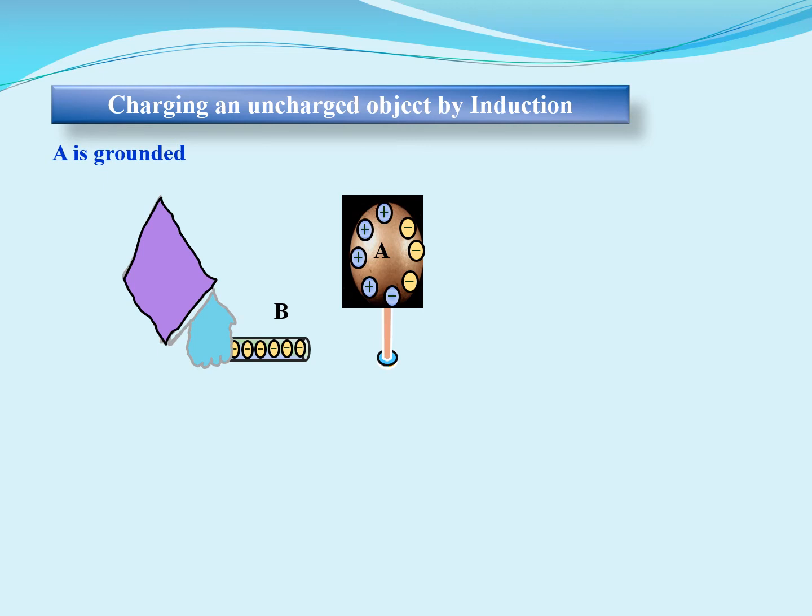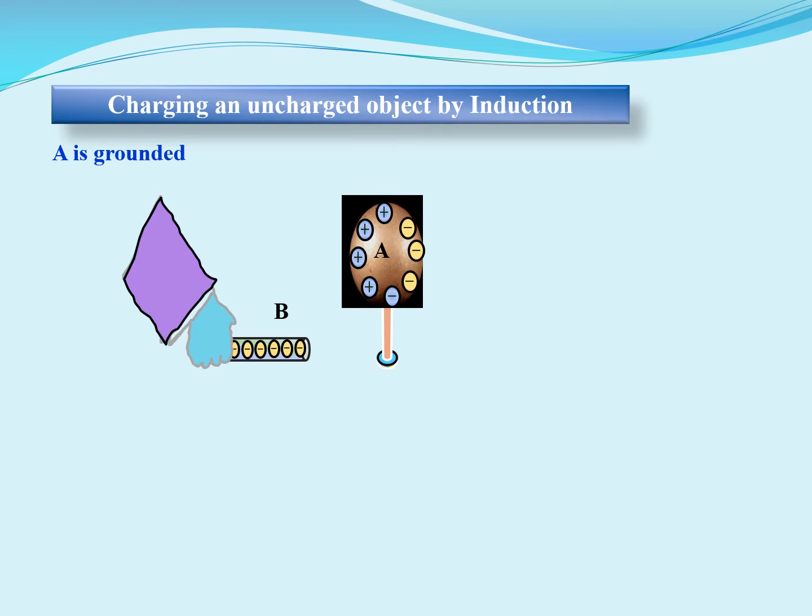Let us consider charging an uncharged body by the method of induction. Initially, A is an uncharged body, or you can consider it to be a neutral body, which is placed on an insulating stand as shown.